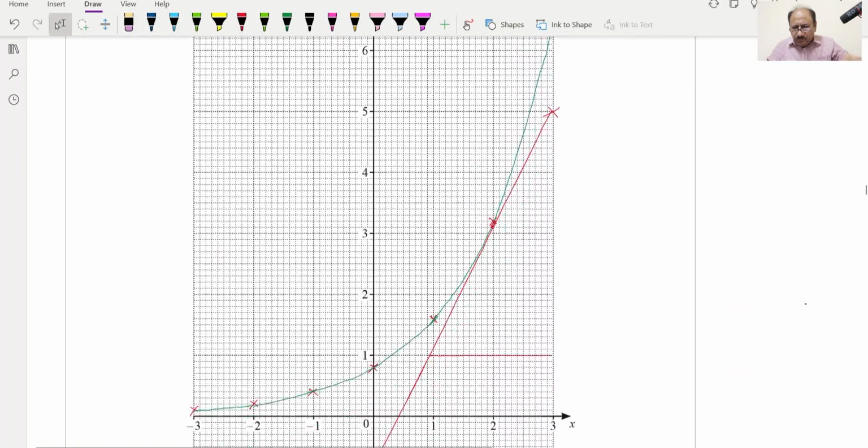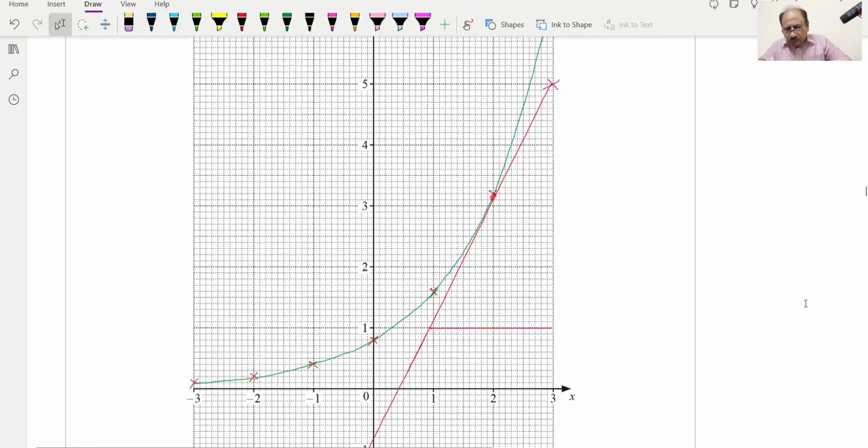At least half of the line we have to use, so we are using almost more than half of the line. And this side we can take as 1, 2, 3, this is 4, and this side is 1, 2, 2.1.